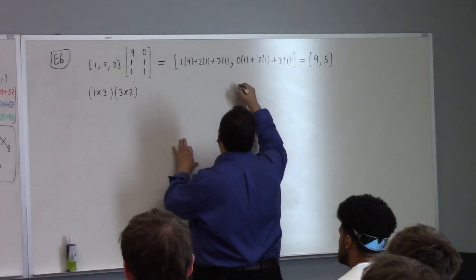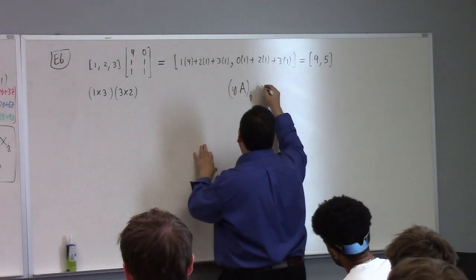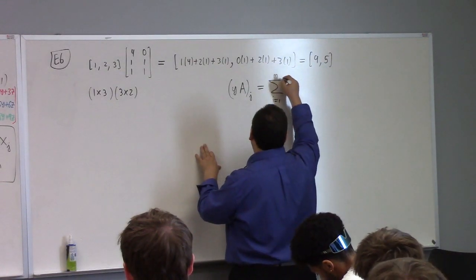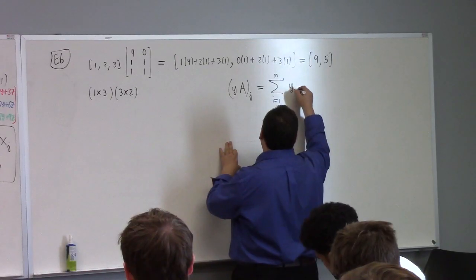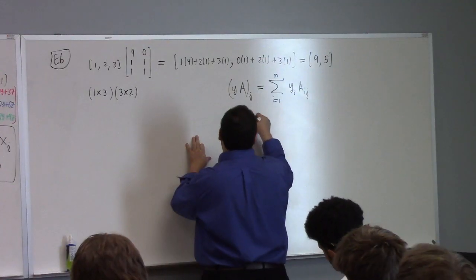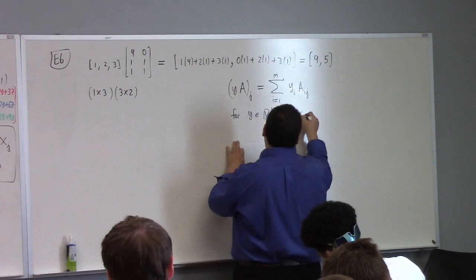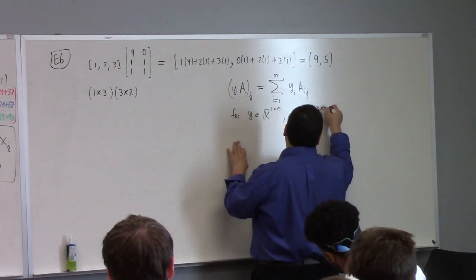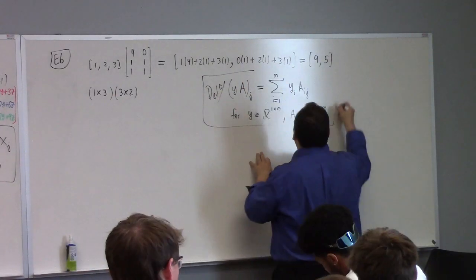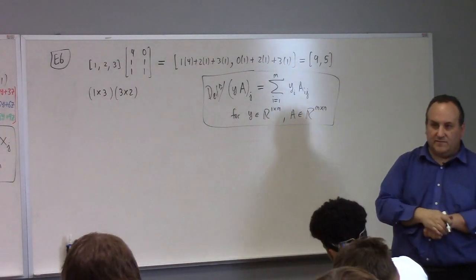But here, if I have y times A, the jth component of that is going to be equal to the sum from i equals 1 to m of y sub i, a sub i j, for y an element of R 1 by m, and A an m by n matrix. So there you go. That's the definition of row matrix multiplication.